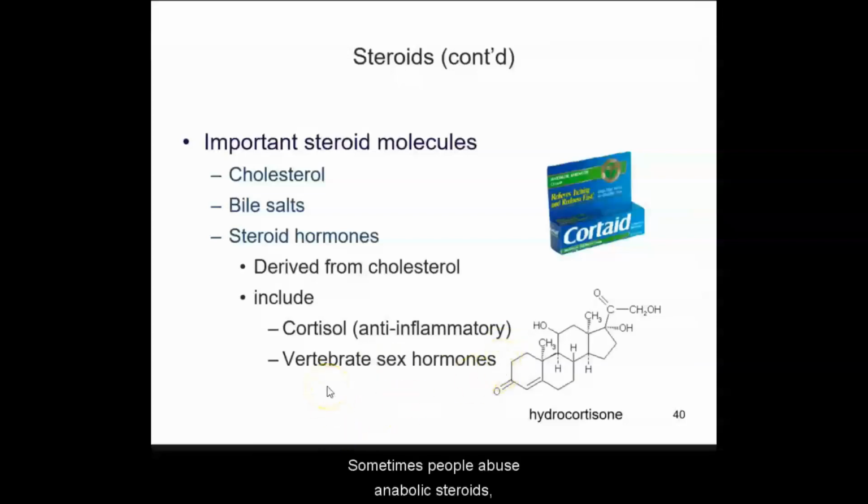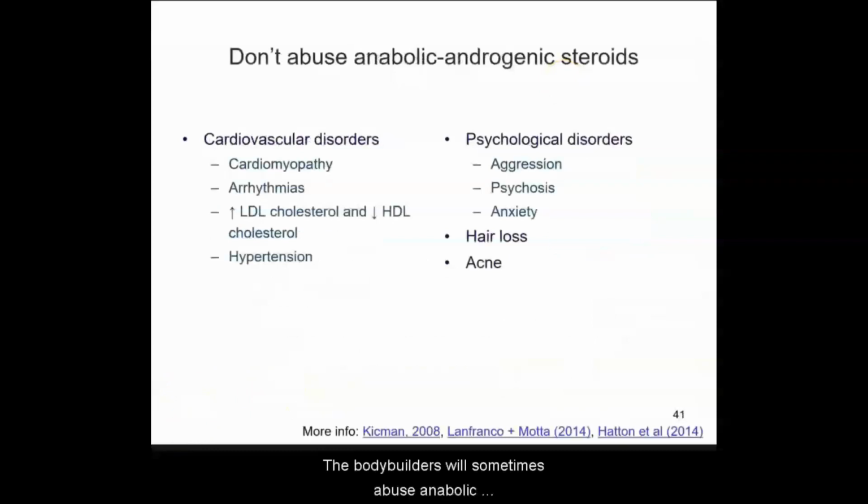But sometimes people can abuse anabolic steroids, specifically testosterone, and it can have some serious consequences. Bodybuilders will sometimes abuse anabolic steroids, and people in sports, and the consequences are severe and often irreversible.